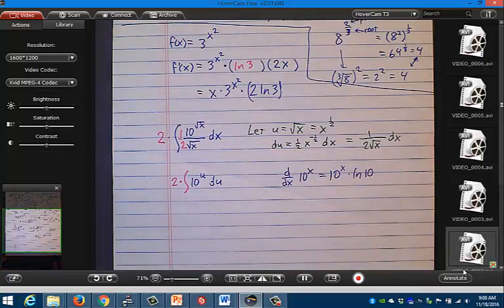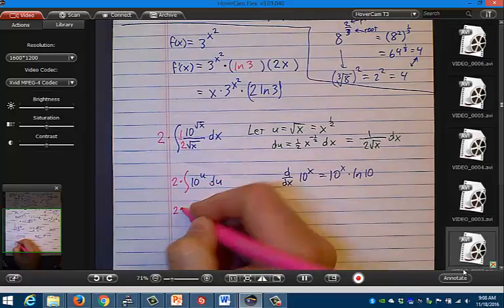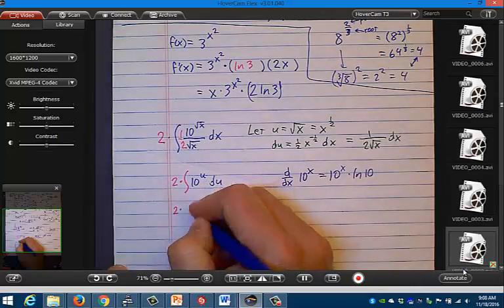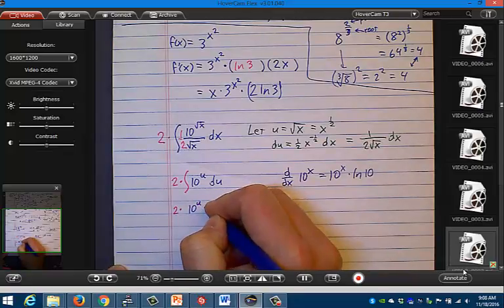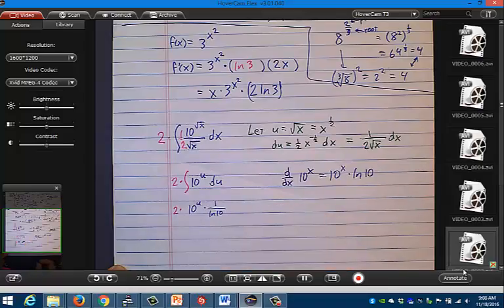So I hope that this makes sense to you, what I write down next. I'll bring my 2 down. And when I take the antiderivative of 10 to the u, I get 10 to the u times 1 over the natural log of 10. Why? Because I'm doing an antiderivative.